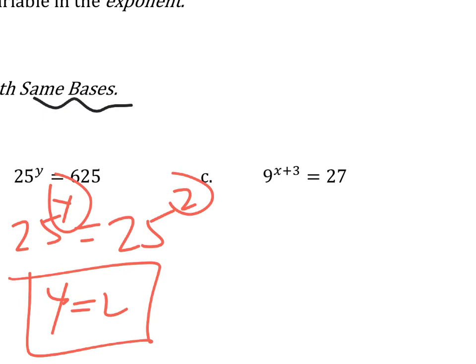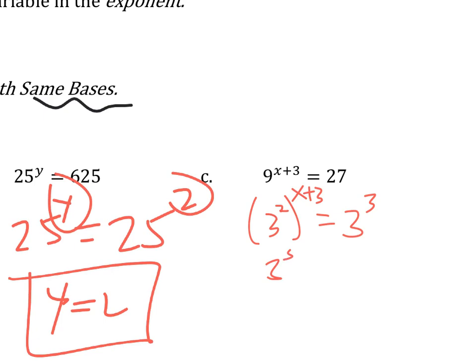Now, here we have 9 to the x plus 3, but this is not a power of 9. But if we think about it, this is a power of 3. And 9 is a power of 3. 9 is 3 squared, right? So we can write this as 3 squared to the x plus 3. Now we have bases of 3. We might rewrite this one more time because power to power multiplies.